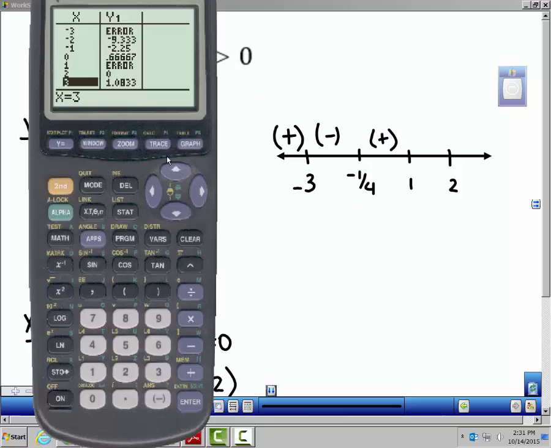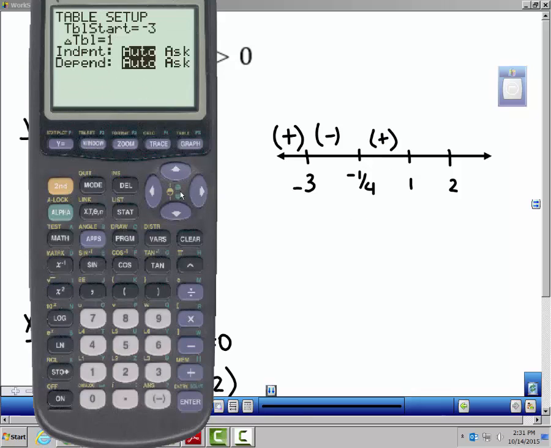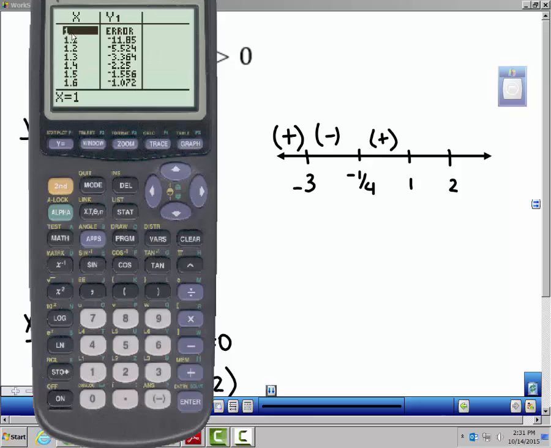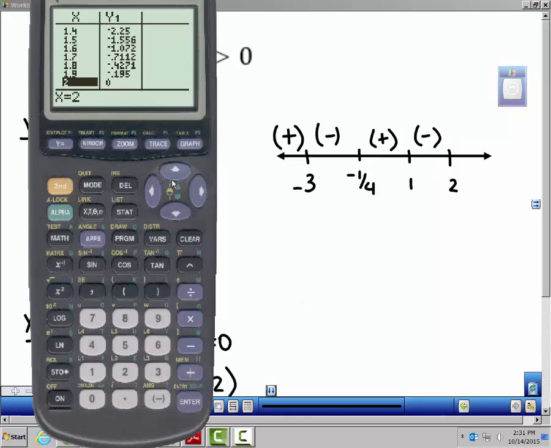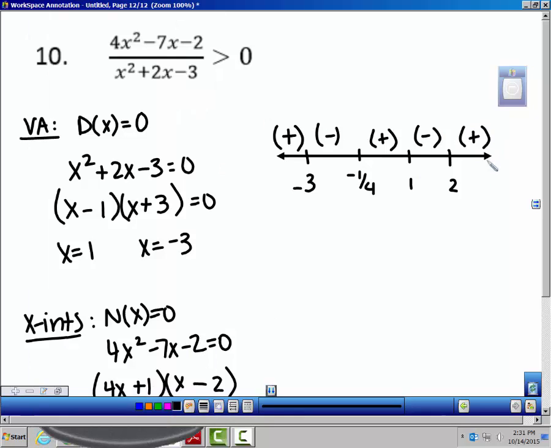And then you can't see between 1 and 2 because it's counting by integers, so you could change your window settings there to tenths. So you can see all the values between 1 and 2. All of those are negative. This is a negative interval. And then all the values greater than 2, they go positive again.